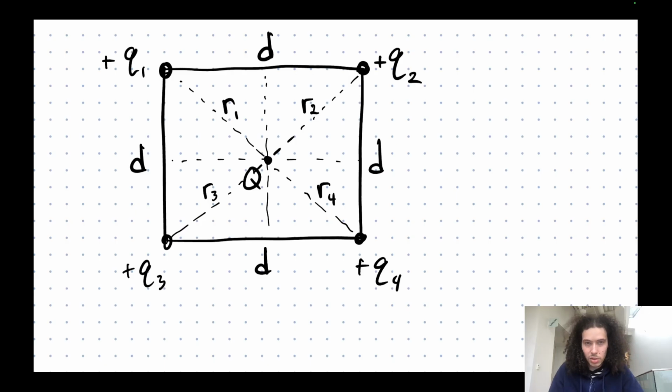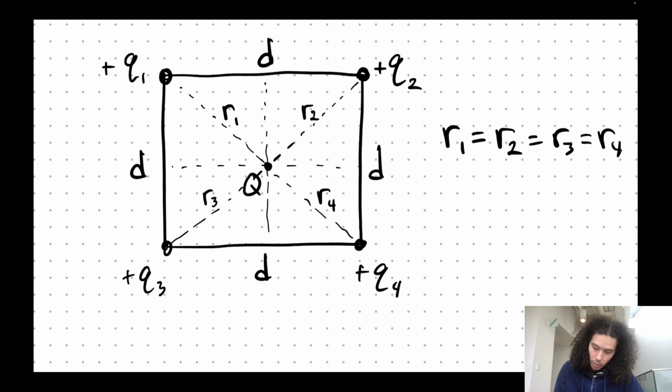Because this is a square, the geometry works out that all these R1, R2, R3, and R4, whatever D is, everything will scale accordingly. These R's, whatever they end up being, because these sides are equal, those R's will also be equal.